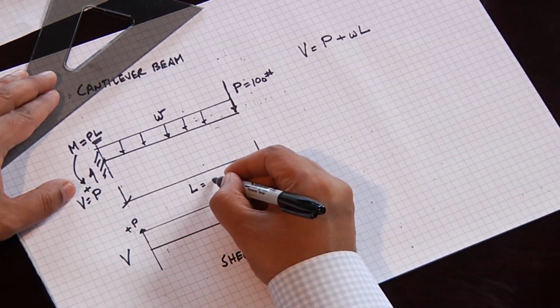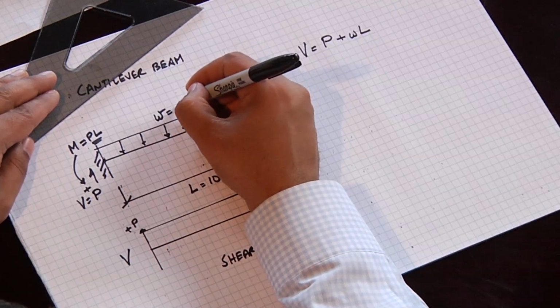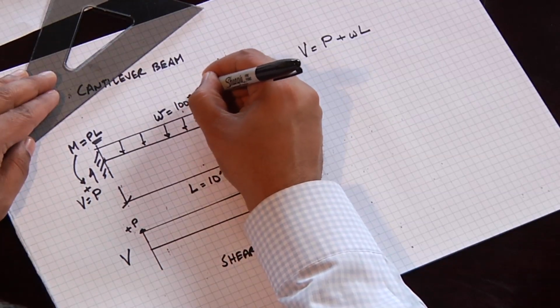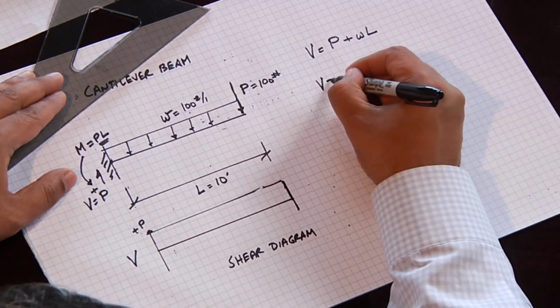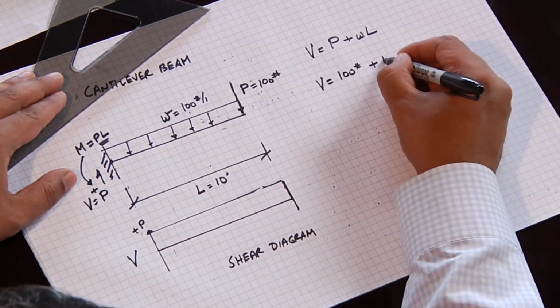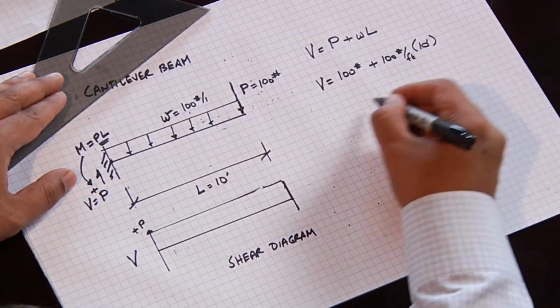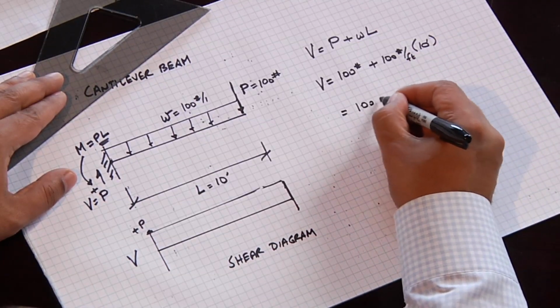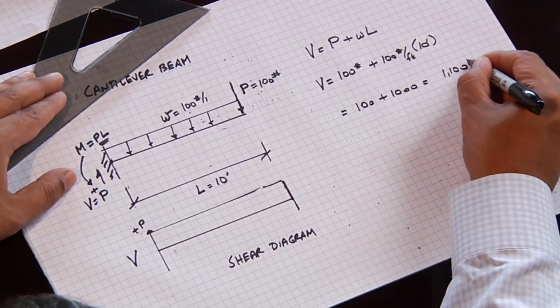Let's make L 10 feet. Let's make W 100 pounds per foot. What would our shear be? Our shear would be the same as our reaction. It would equal P, 100 pounds, plus W, 100 pounds per foot, times 10 feet. So it would equal 100 plus 1,000, which would equal 1,100 pounds.